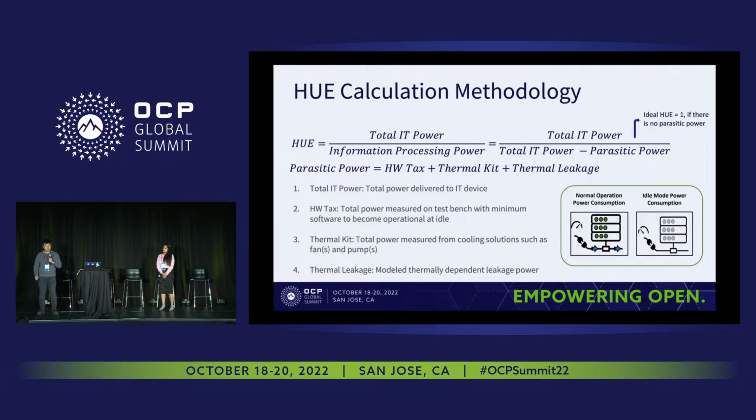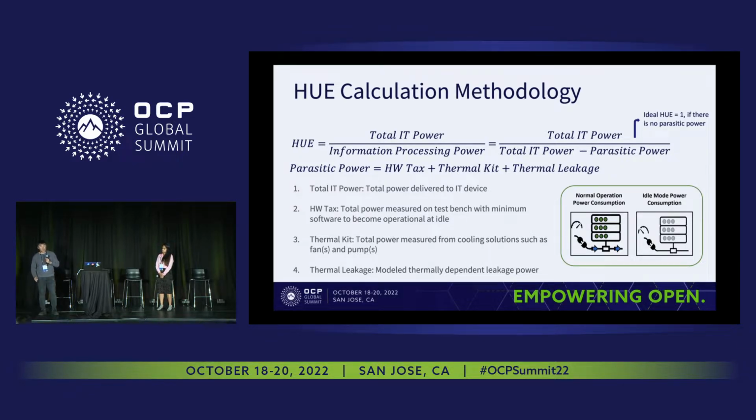So how do we calculate HUE? As I mentioned, HUE is defined as the total IT power divided by the information processing power. The information processing power can be further expanded as the IT power minus parasitic power. The parasitic power here describes power that is not directly related to the functionality of this specific server type.